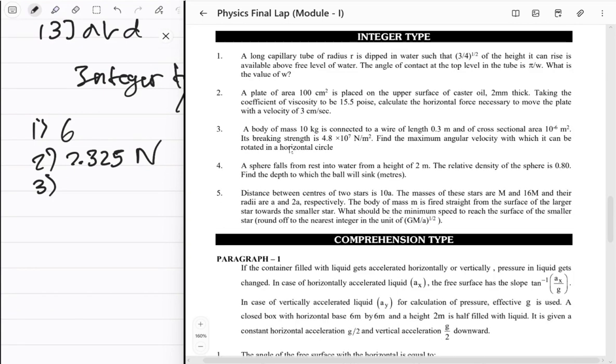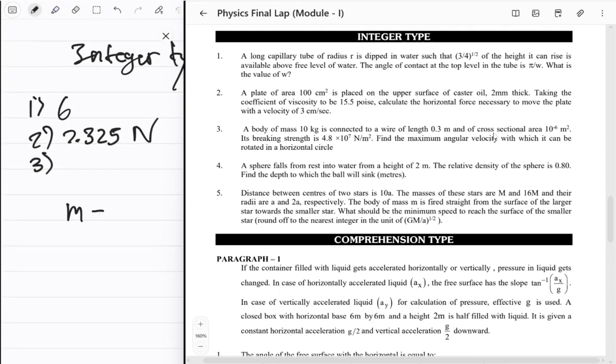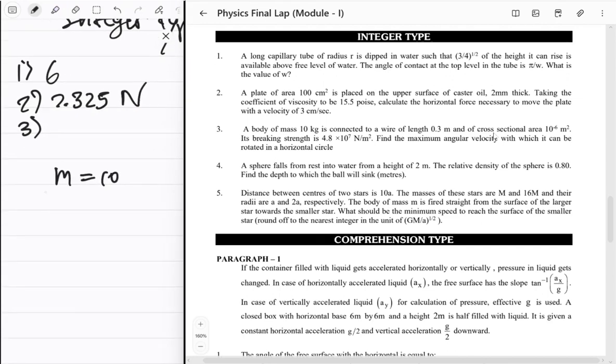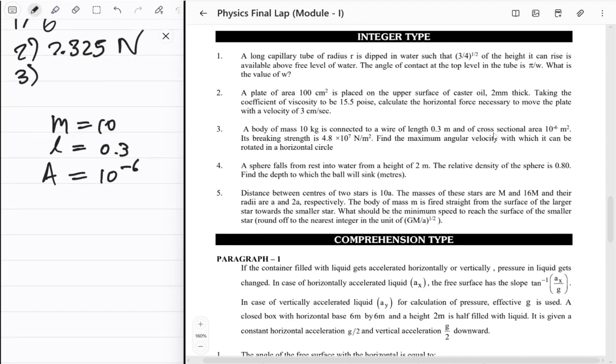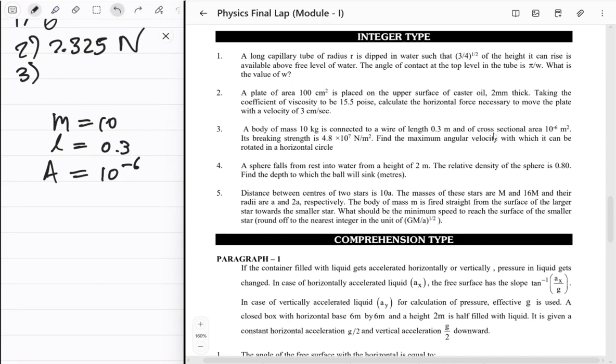A body of mass something is connected to a wire of length 0.3 and of cross section. Mass is 10, wire of length 0.3, cross sectional area 10 power negative 6. Very good, we got this. Breaking stress, so stress divided by meter square, of course.